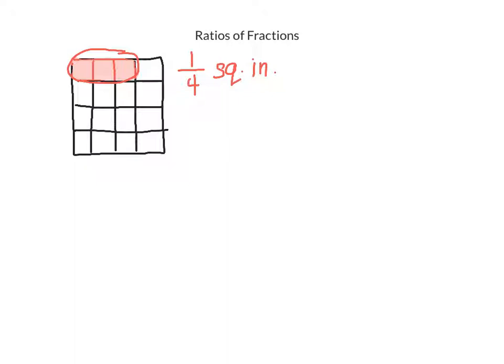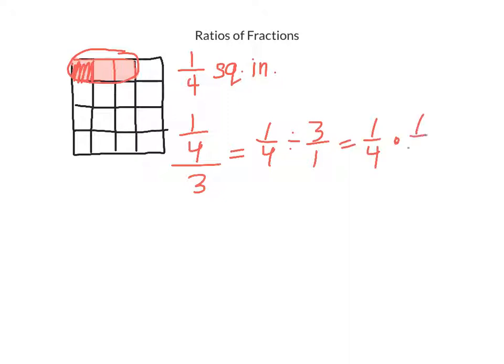So unit rate means let's just find out how much this is. So really, if we take 1/4 and divide it by 3, well, that's the same as 1/4 divided by 3/1, which equals 1/4 times 1/3. So that one little square is equal to 1/12.